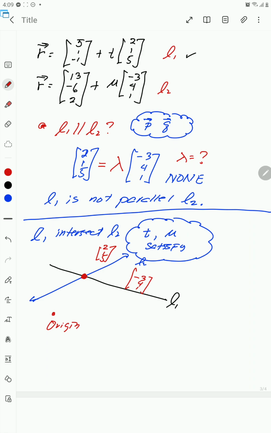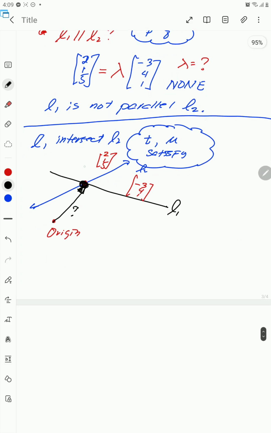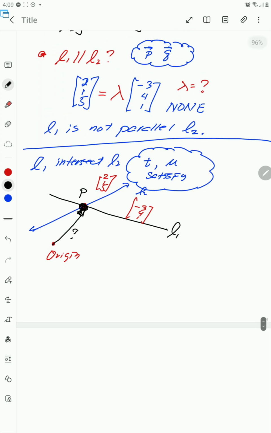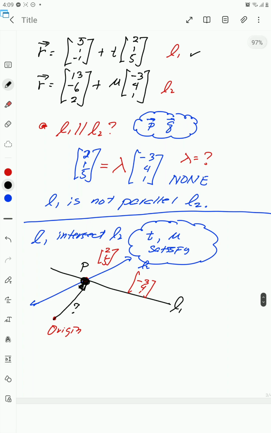So we need to find this point of intersection. Specifically, we need to find this position vector, so that we would be able to find this. Let's say this is point P. That's what we are looking for now. So how shall we know our working equation?